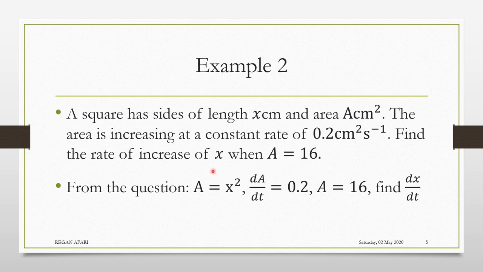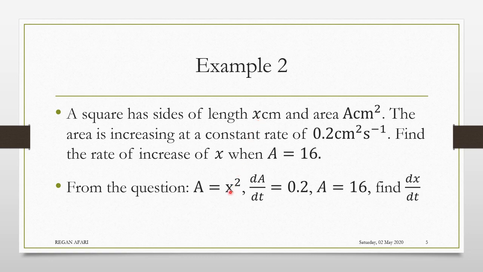When you are given a question like this, all you need to do is come out with the important things from the question. First, a shape was given, a square, and it has a length of x and an area of A. Remember, a square has all lengths equal, so the area is x times x, which gives us x squared.